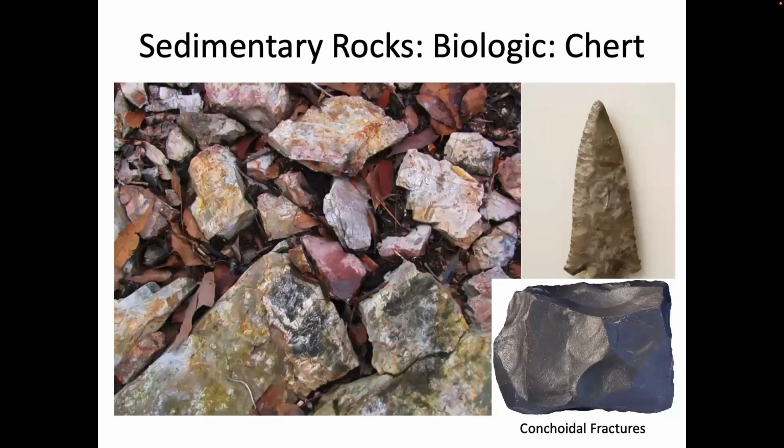Notice this larger chert rock in the lower right has this indented concavity to it, right? There's a concavity here, there's one there. That has to do with the fact that when you apply pressure to it, it breaks off a flake. If it's left to just natural breaking, it often breaks in flat planes. But when you apply pressure to it, like if you're trying to flake the edge to make a stone tool, it breaks off with a concavity. That specialized way of fracturing is called conchoidal fracturing.